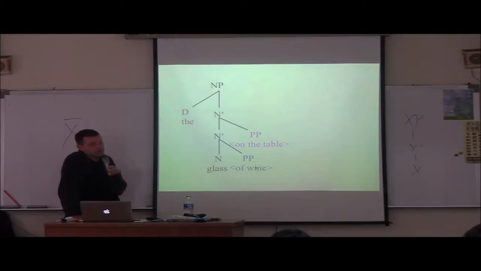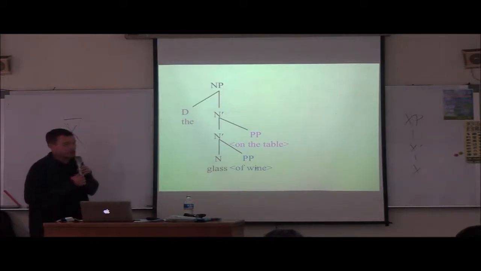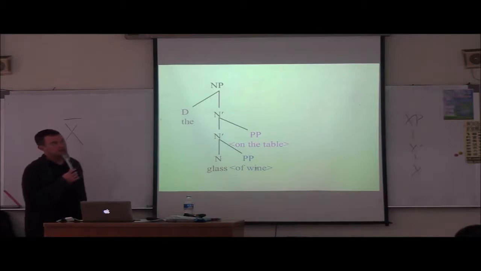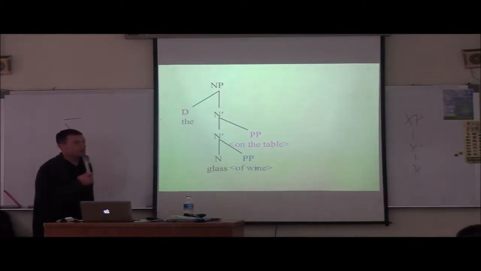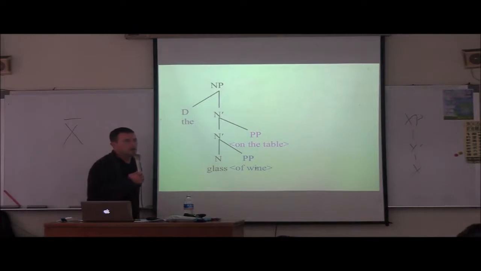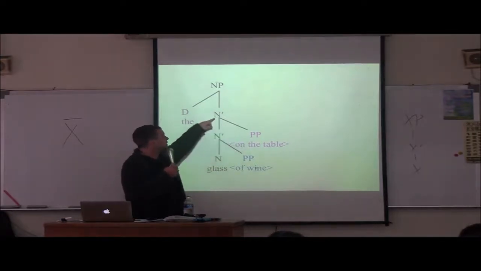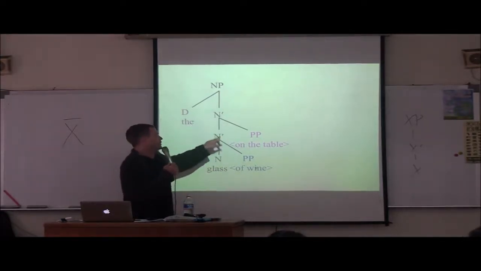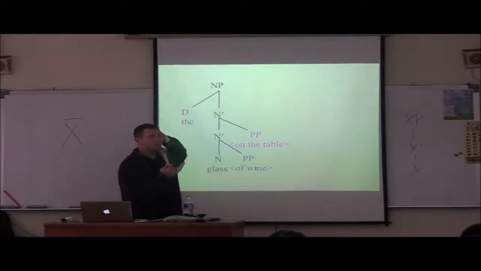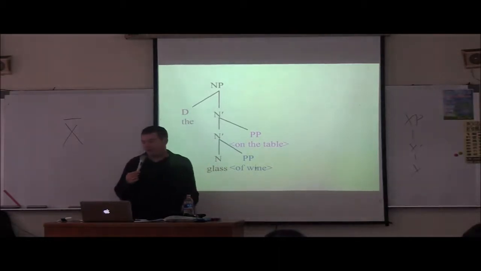They're both prepositional phrases, so they're phrases of the same category, but they behave rather differently. In particular, of wine is a complement, and on the table is an adjunct. Therefore, we draw a tree that represents them in this way. Adjuncts are the sisters of X bar and daughters of X bar. Complements are the daughters of X bar, but are sisters to heads.